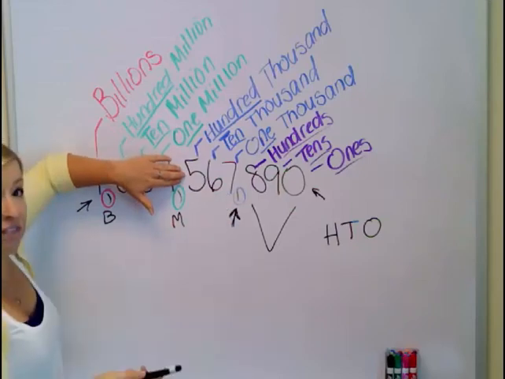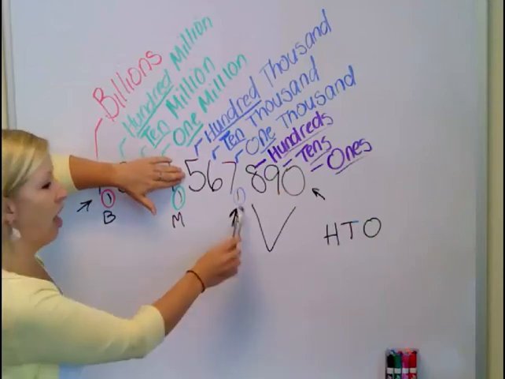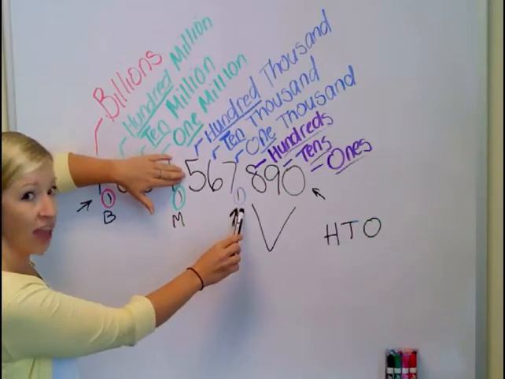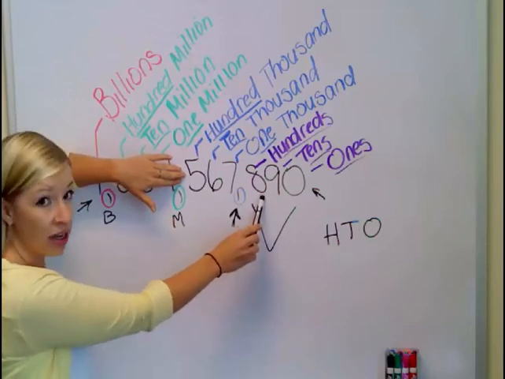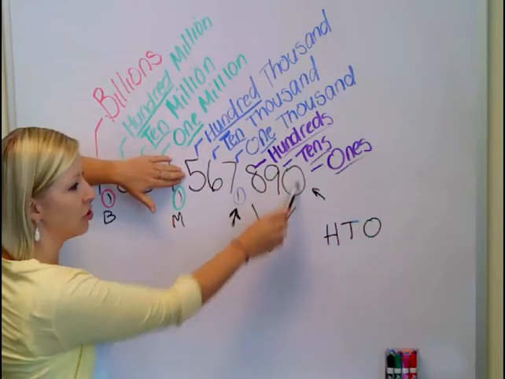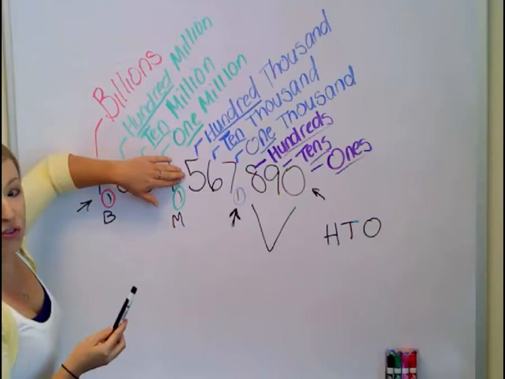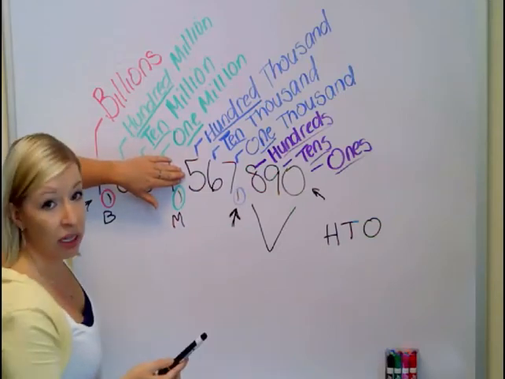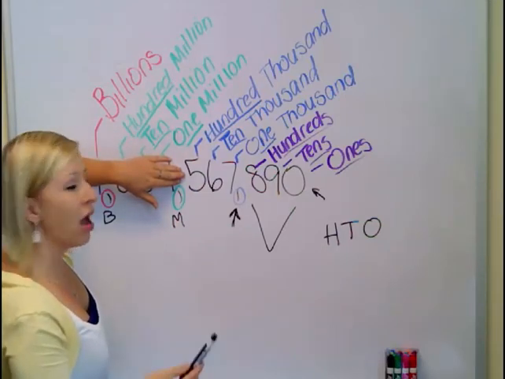You actually hear it. 567, and then because it comes right after this comma, 1,000. 890, because there's nothing, it's just a 0 here. So if you say your numbers out loud slowly, you will actually hear how much they represent.